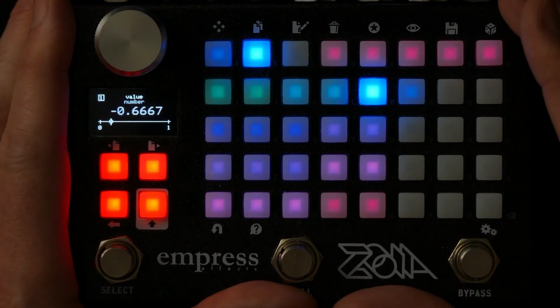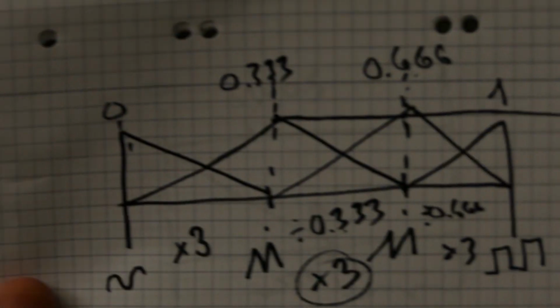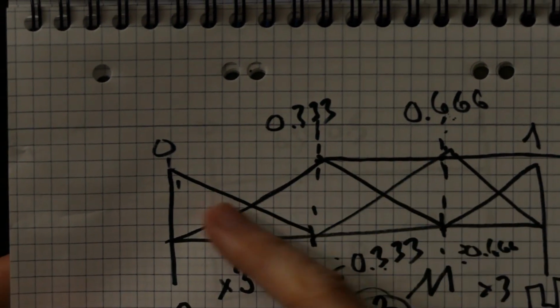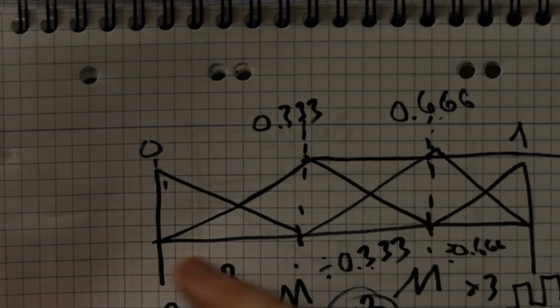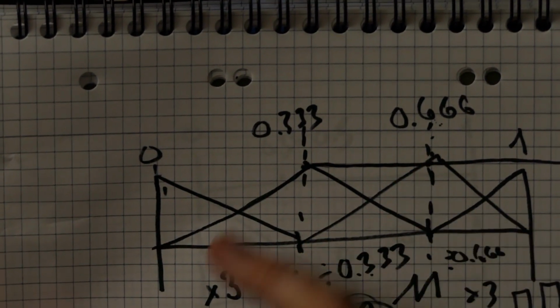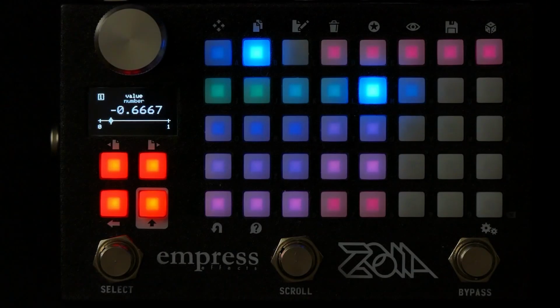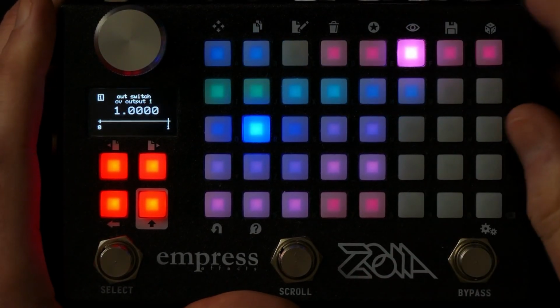But in order to split these up to be separate, so that only this one is active there, and that one active there, I am multiplying by the output of the switch.